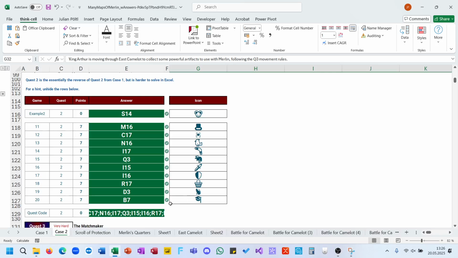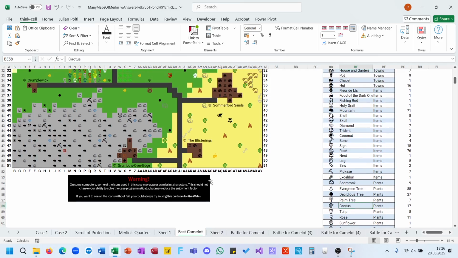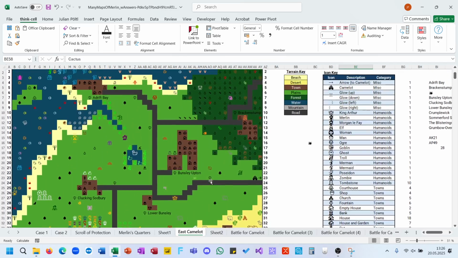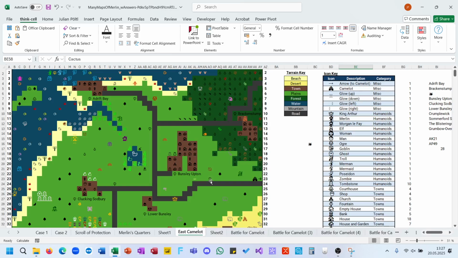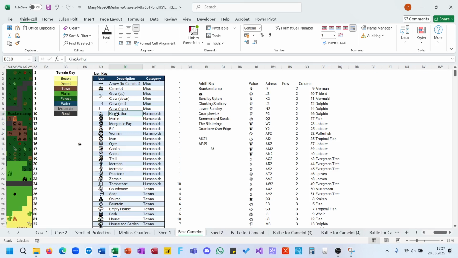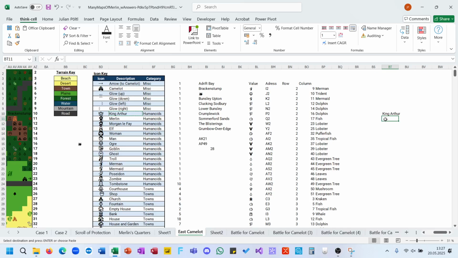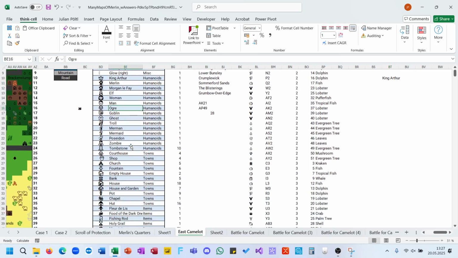And it's on East Camelot. King Arthur, Fleur de Lis.